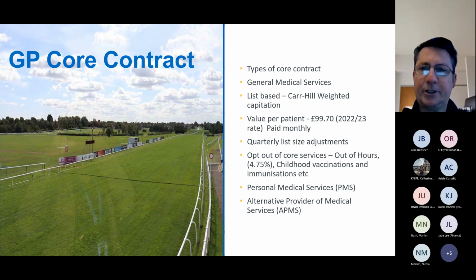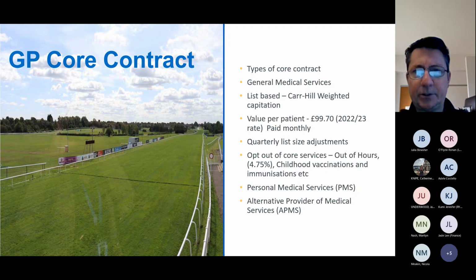Now, your general medical services are your traditional general practice model, where you have a number of GPs. It doesn't have to be GPs, it can be nurses, it can be business managers, etc., who are partners in the practice, and they take home what's left of the profits, or surplus in a year, and that's how they get paid.